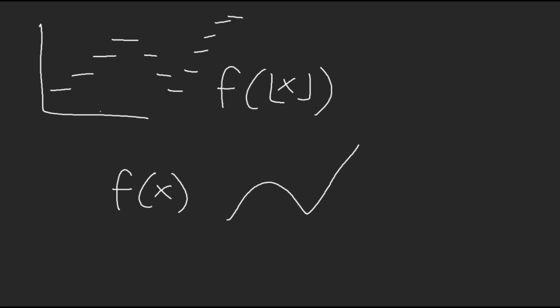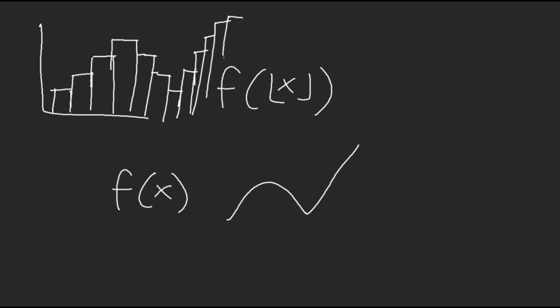And when we integrate, the area under the curve is just going to be a bunch of rectangles. And so a lot of the times, because these are a bunch of rectangles and integers, it's easier and faster to put it in sums.